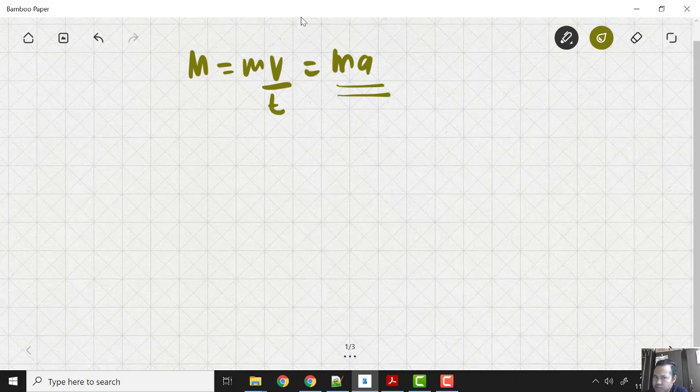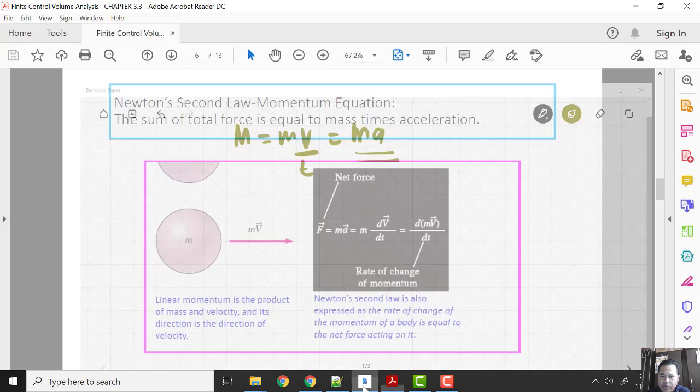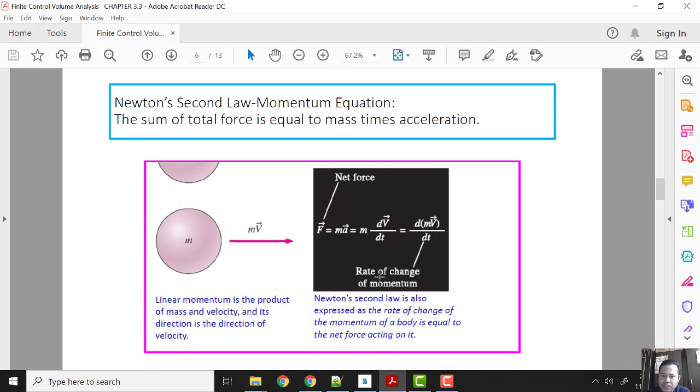As described in Newton's second law, the force is mass times acceleration, but it can also be referred to as the rate of change of momentum. Okay, rate of change of momentum.